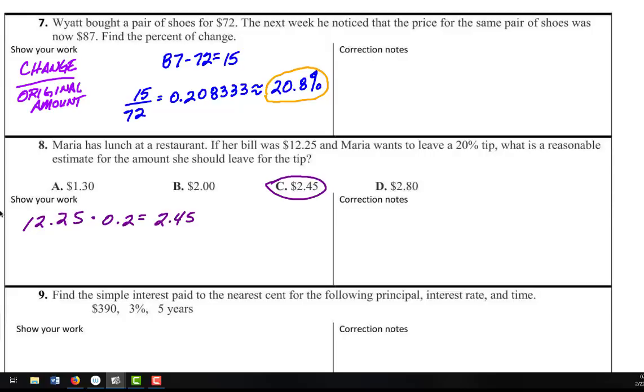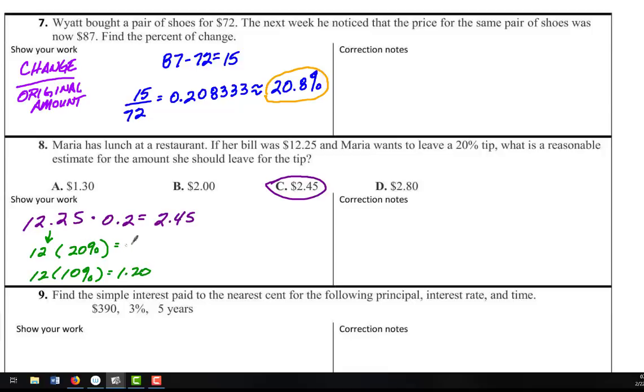The estimate that should have appeared here would be to take the $12.25 and say that's about $12. And if you're multiplying $12 times 20%, you're saying, well, $12 times 10% would be $1.20.